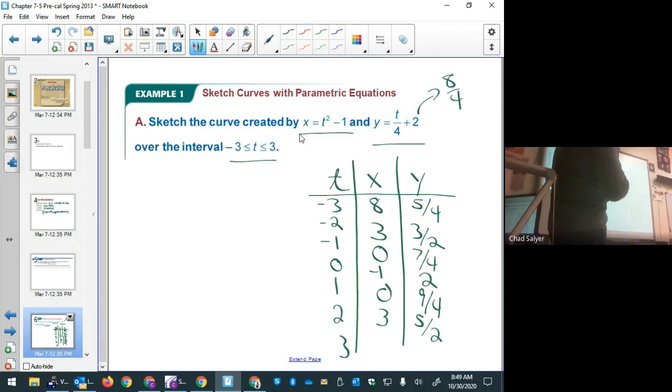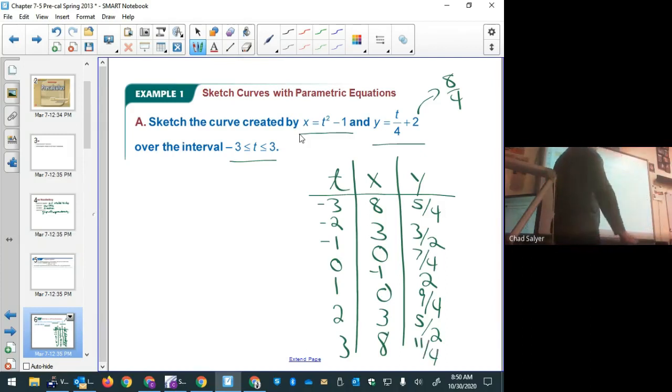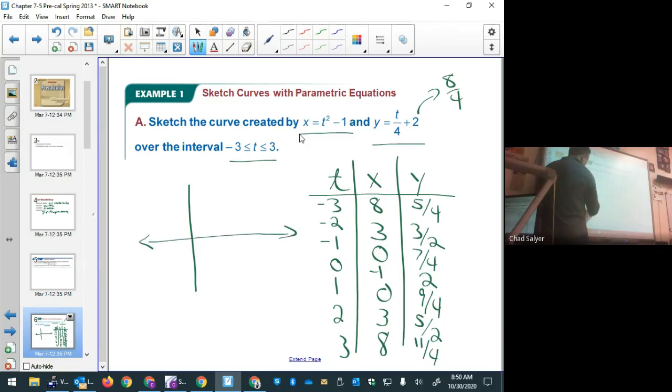Yep. And then 3 squared minus 1 is 8. 3 over 4 plus 2 is 11 fourths. Like so. So if we graph this, think about the x's and y's we need.